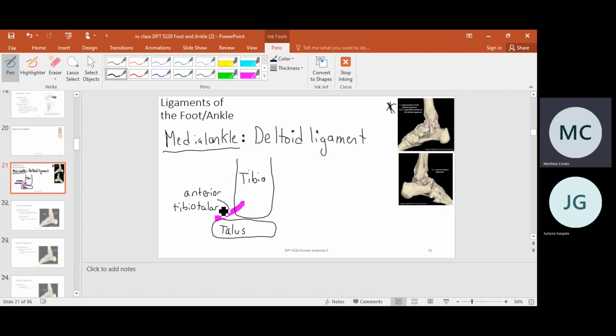I know you've heard that 100,000 times before. Probably hear it in your sleep. Now, you also know if I have an anterior tibio-talar, I'm going to have a posterior tibio-talar, right?